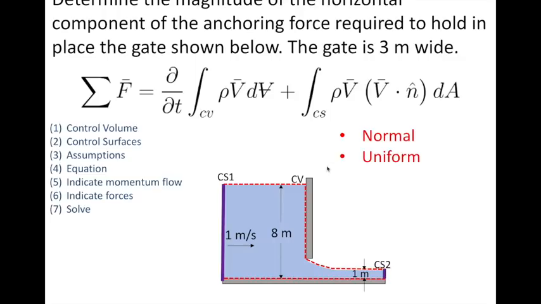And similar rationale behind assuming that it's okay to assume that I've got uniform flow. Okay, if I'm far enough upstream and far enough downstream, I'm really only concerned with what the mean flow, the mean velocity is that's carrying my momentum in and out of my system. Steady, sure, we don't have any information here that it's not. This isn't a reservoir that's slowly draining.